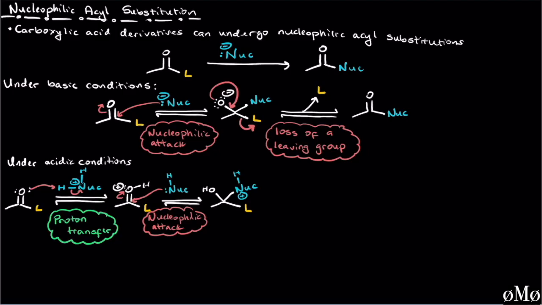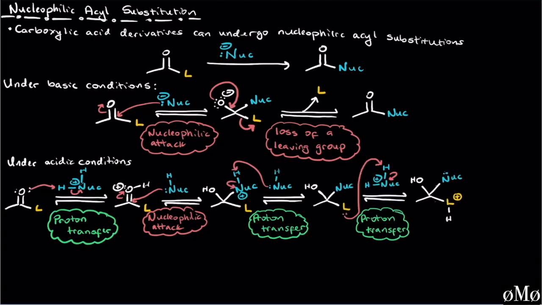And once again, we are under acidic conditions, and so quite a bit of proton transfers could occur. Let's assume that the leaving group needs to be protonated in order for it to leave. And so if that's the case, then you need a proton transfer that will get rid of this proton on the nucleophile, and a proton transfer that will put a proton on this leaving group, which then gets you to this new tetrahedral intermediate with your activated leaving group.